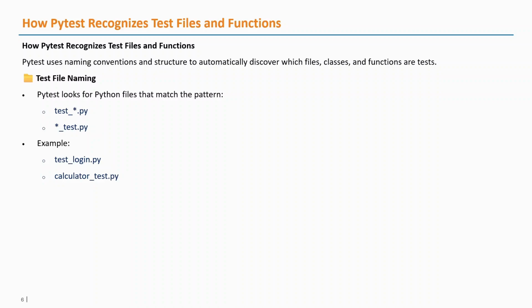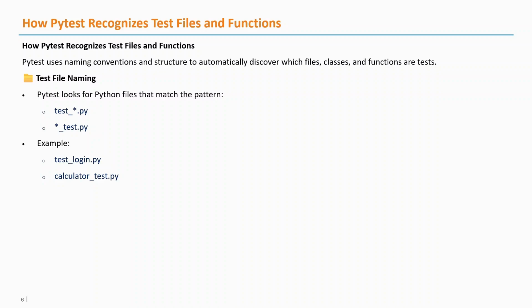Before we start using Pytest, it is important to understand the do's and don'ts of Pytest. Pytest defines a naming convention and structure to automatically discover the test files, test classes, and test functions.